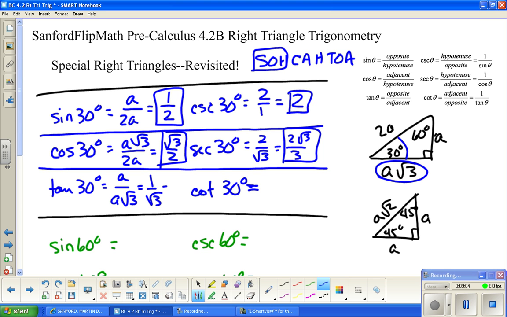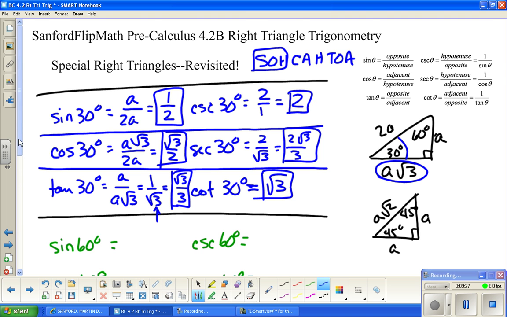But if you don't, then this is going to feel a little overwhelming, probably. But you can do it. You just got to fight through it. Cotangent's reciprocal, so I'm going to flip that first simplified version, and so it's square root of 3 over 1. Okay? All right, so that's everything for 30 degrees.